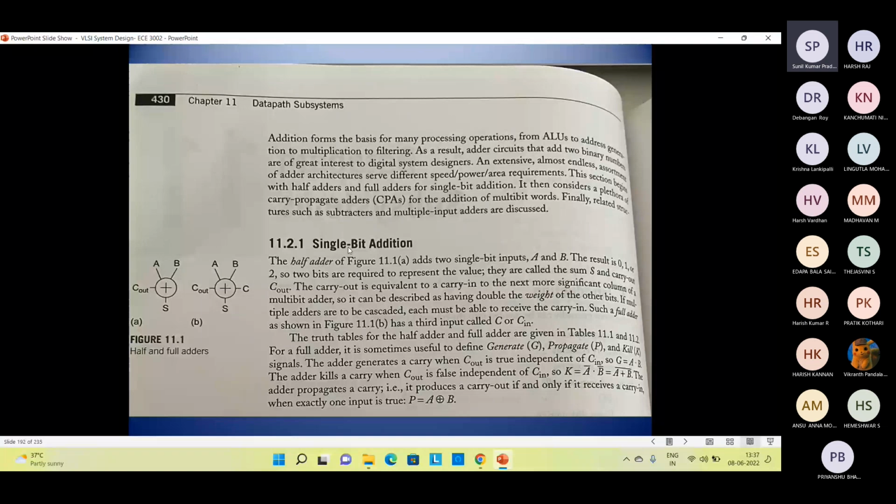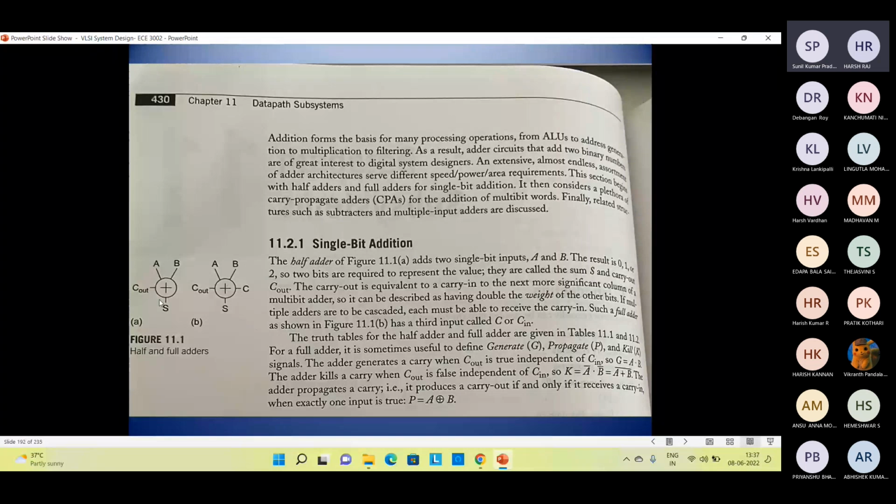So two bits are required to represent the value, and they are called sum and carry out, abbreviated as C out.